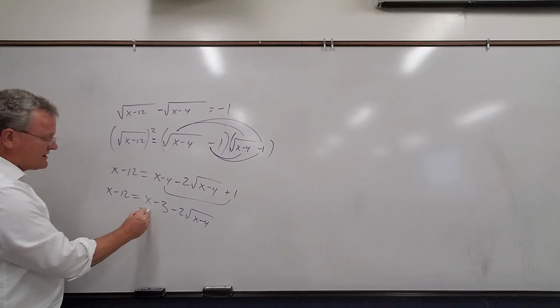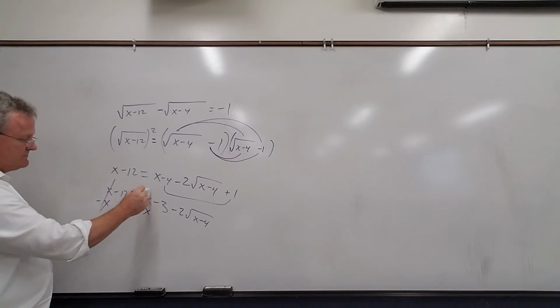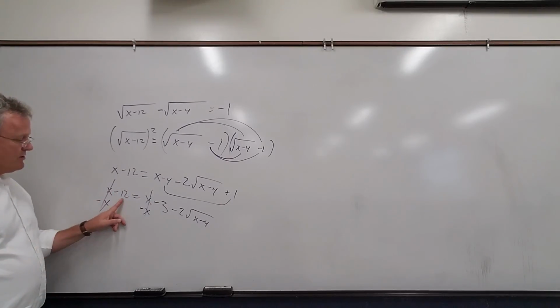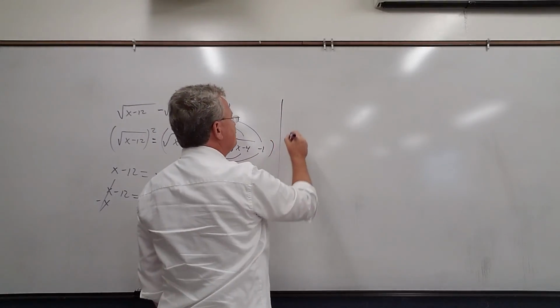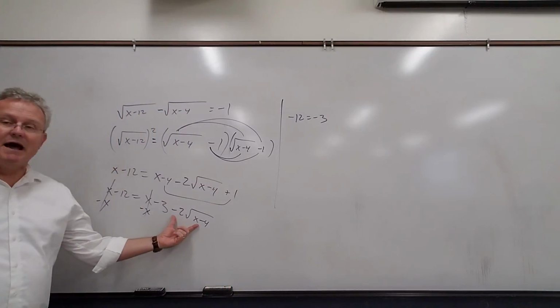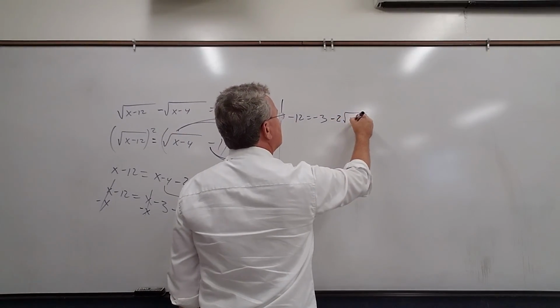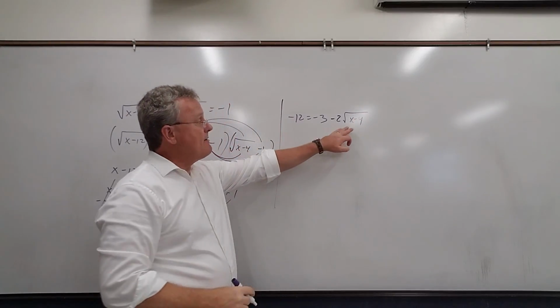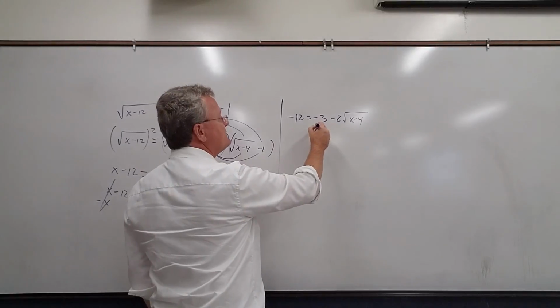Now if I subtract x from both sides, those cancel. And we get minus 12 equals minus 3 minus 2 square root of x minus 4. Again, I want my radical by itself, so I add 3 to both sides.